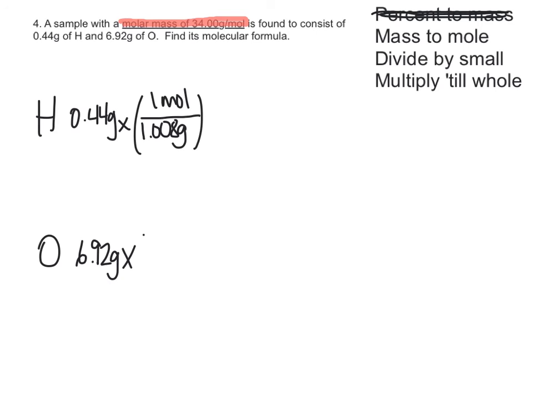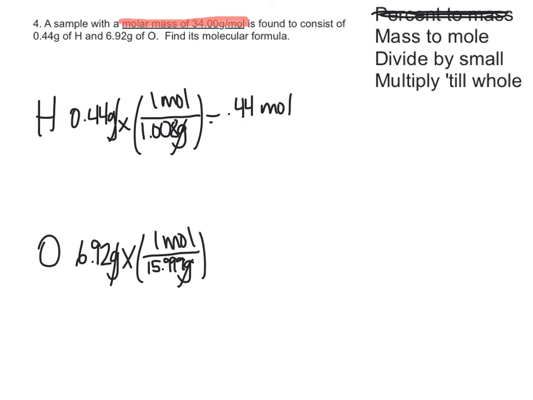And for oxygen, I'm going to put the atomic mass on the bottom, 15.999 grams in 1 mole. My grams cancel. When I do the math here, I'm going to get 0.44 moles of hydrogen. And here for oxygen, I'm going to get 0.43 moles.